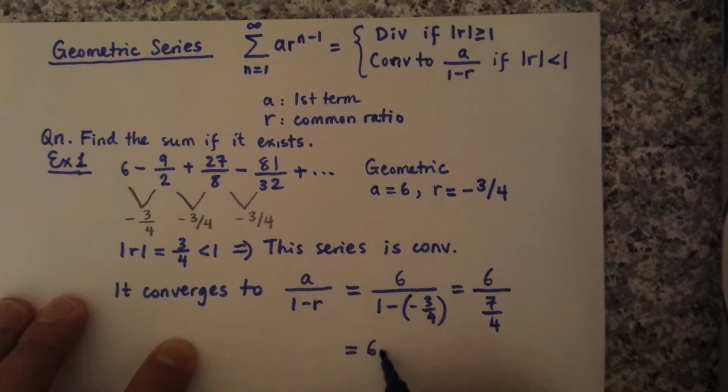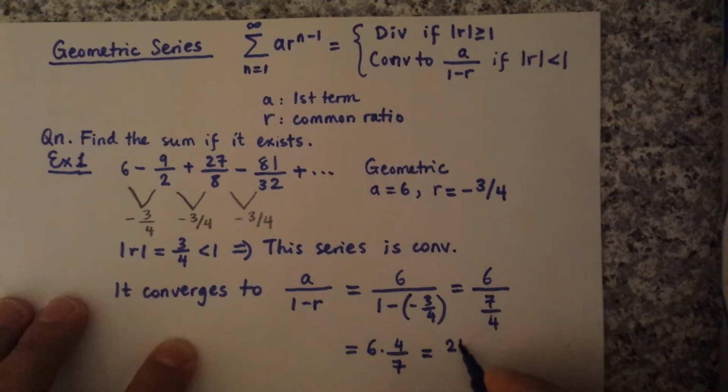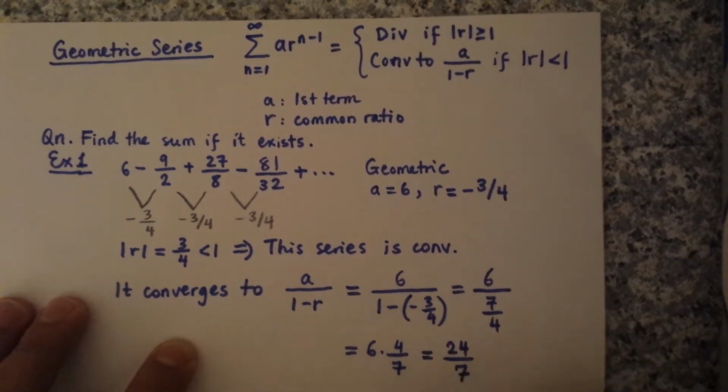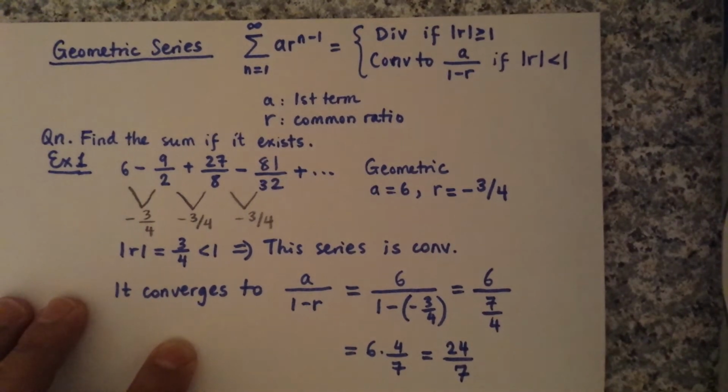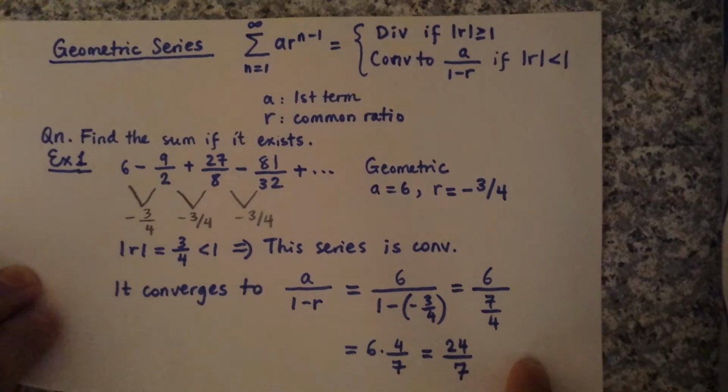So we can write 6 times 4 over 7, you flip and multiply. So the answer will be 24 over 7. So it's convergent, and it converges to 24 over 7. So this is the first example. And let's move on to the next example.